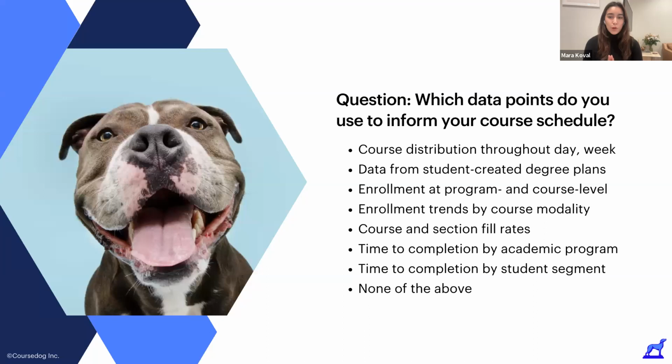So similar to last time, we'll leave the poll open for about 60 seconds or so. Awesome. So if you haven't had a chance to submit your response yet, let's go ahead and do that now.